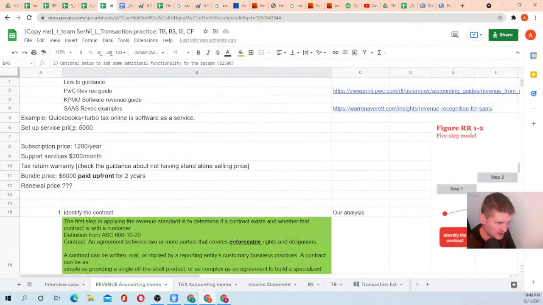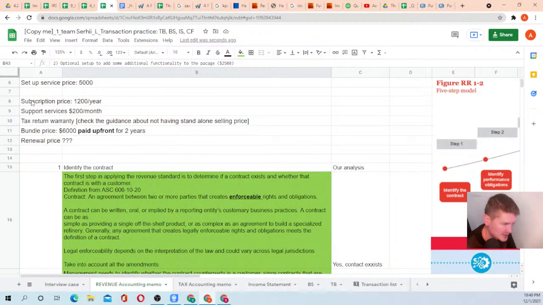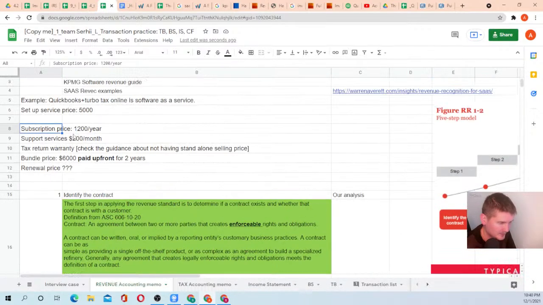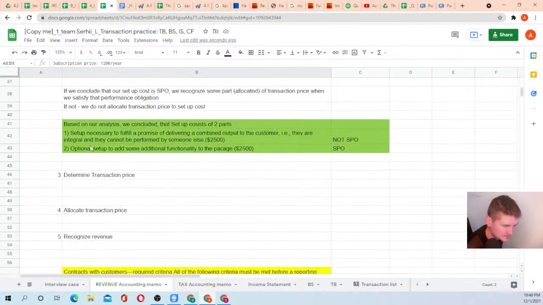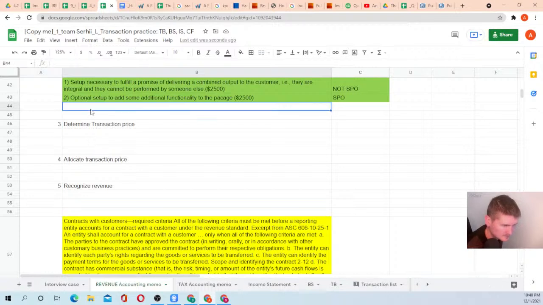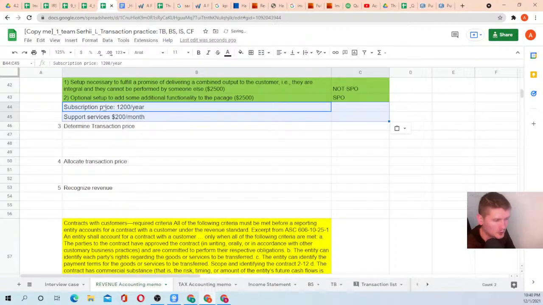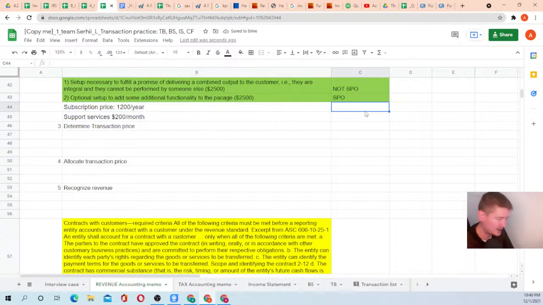Now, based on the same discussion, we can conclude that subscription, the access itself to the service, is probably SPO. It will all depend on the facts and circumstances.